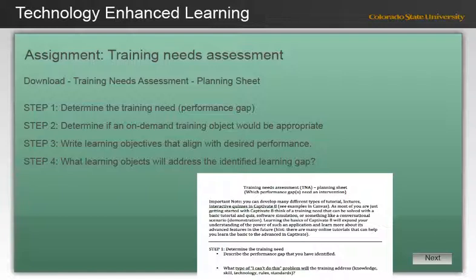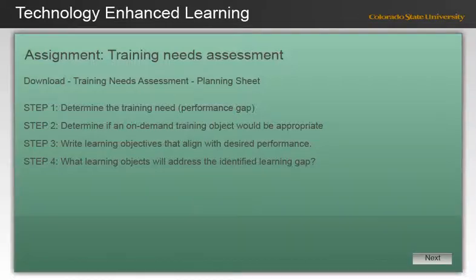So I have provided additional detail on each one of these steps in the subsequent slides. You can click on each slide to the left as you're working through the planning document to review, or you can press the next button on this slide to advance forward.